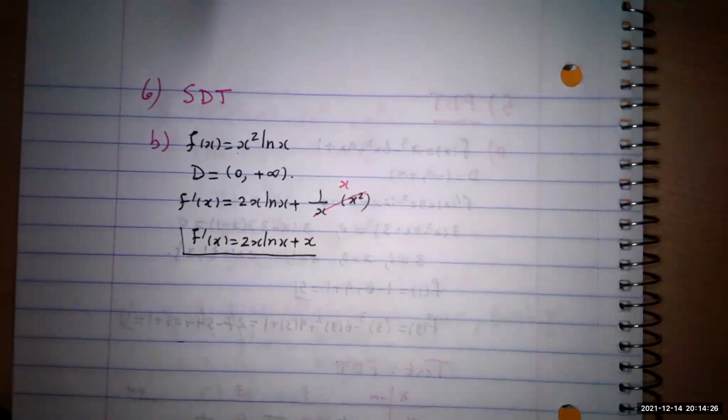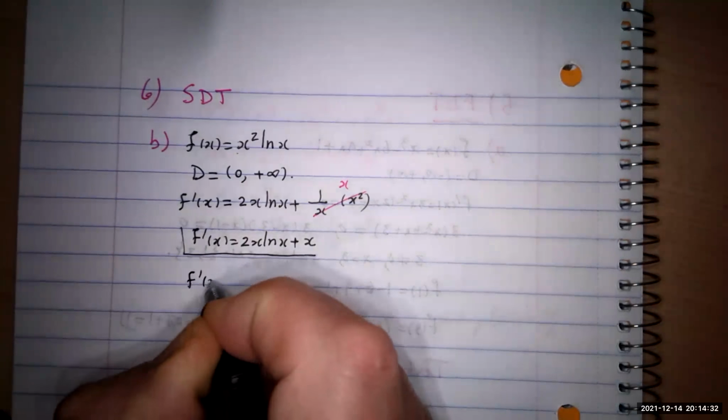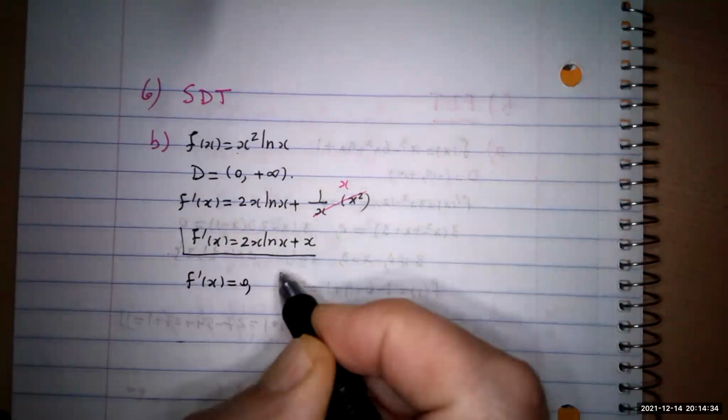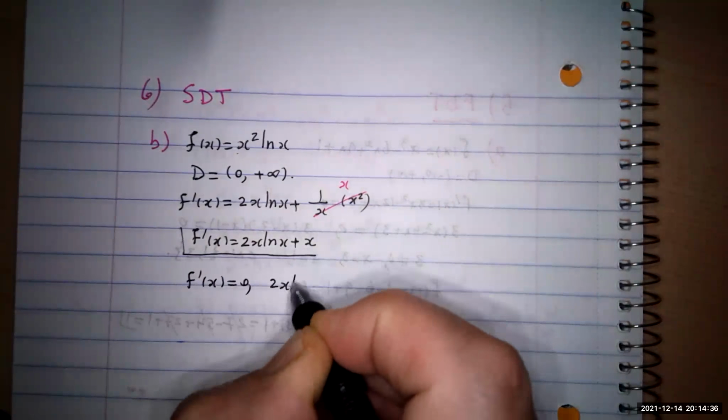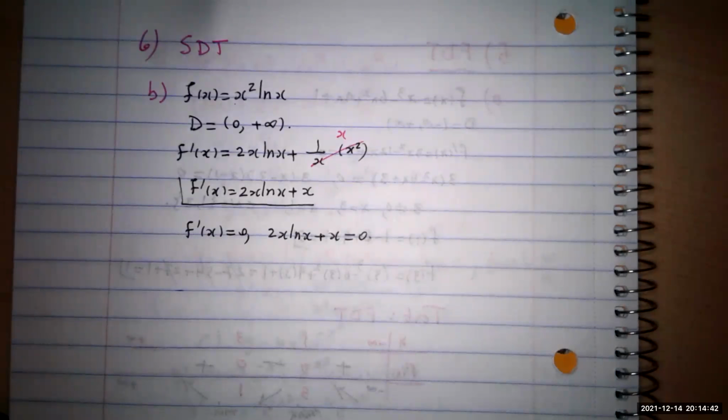Now we have to let it equal to 0 to find the critical value. So f prime of x equals 0, so that would be 2x ln x plus x equals 0. You have to solve this equation. There is a common factor, x, so we take care of that first.